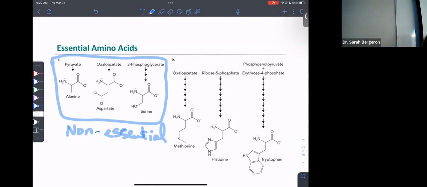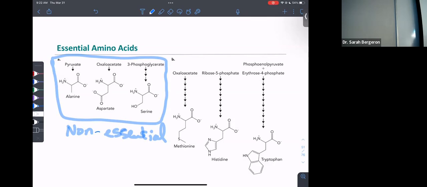The non-essential ones are structurally simple and are structurally very similar to the intermediates that they got pulled out of other pathways. So if you look at the intermediate structures versus the amino acid structures, you're going to see that they're very, very similar for non-essential amino acids.